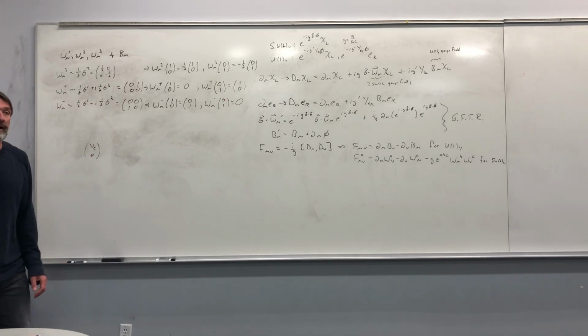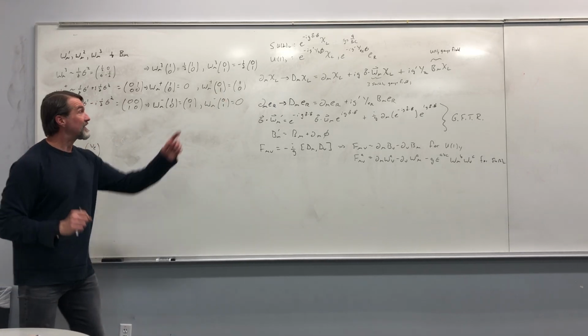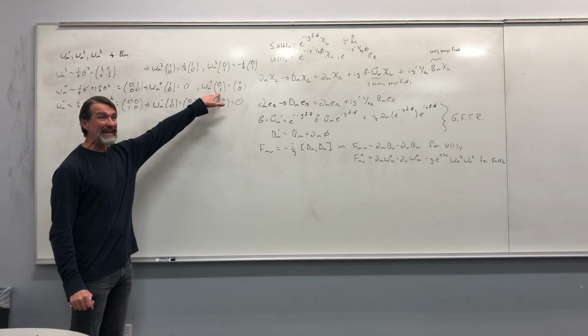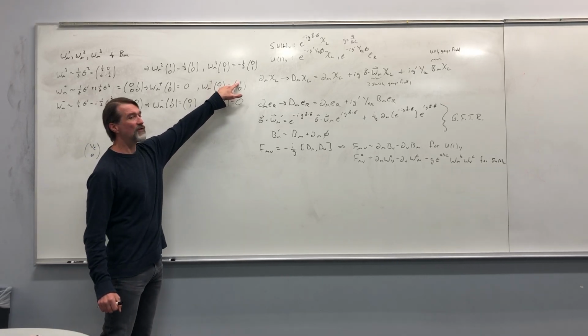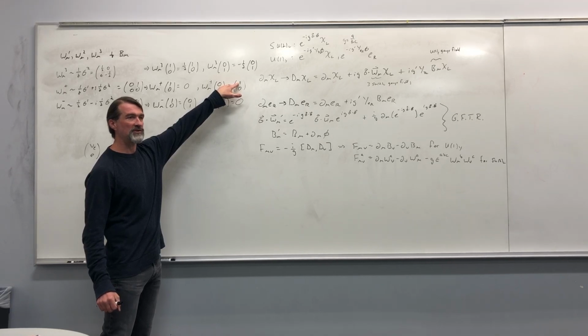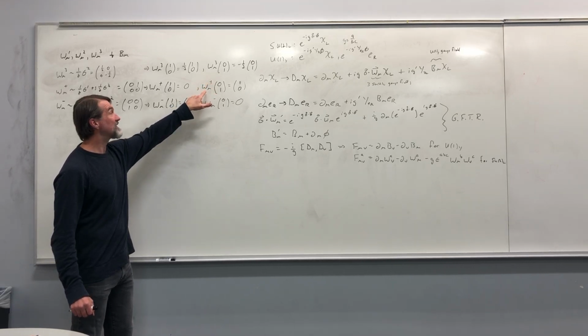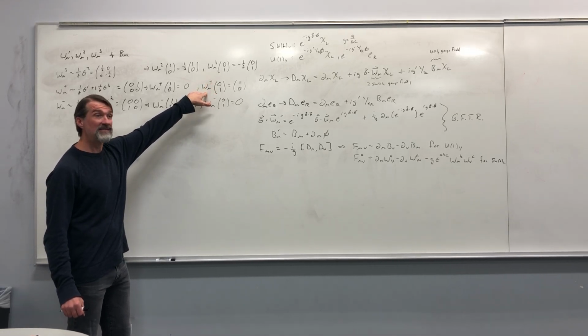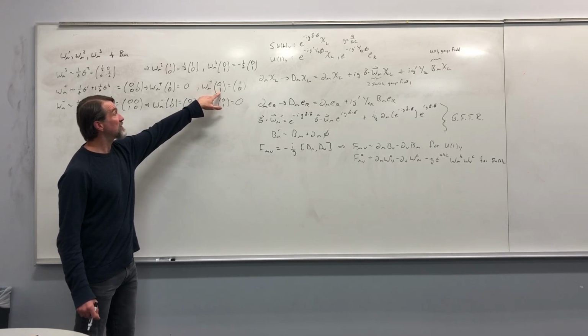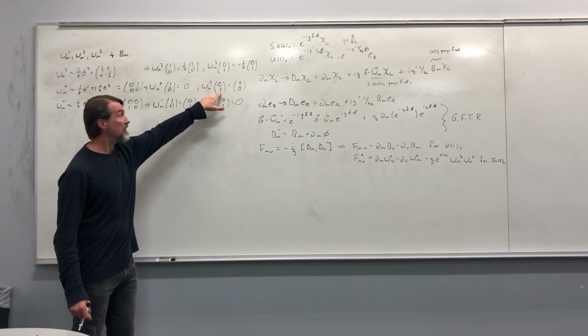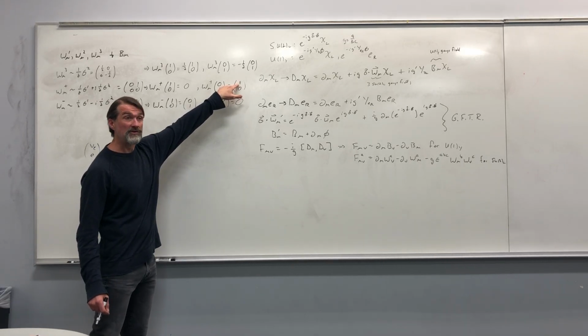Now here's an important observation. This is taking a negatively charged particle and turning it into a particle with 0 charge. What does that plus mean? That means that this boson has positive electric charge. That electric charge combines with the electric charge of the electron to give me 0 electric charge.